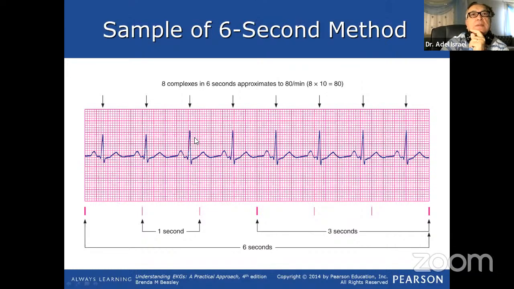Almost. It is not accurate 100%. So it is like four big squares. If I divide 300 by 4, you can use your cell phone, you will get the number 75, which is so close to this one.